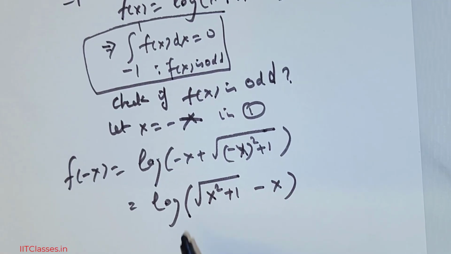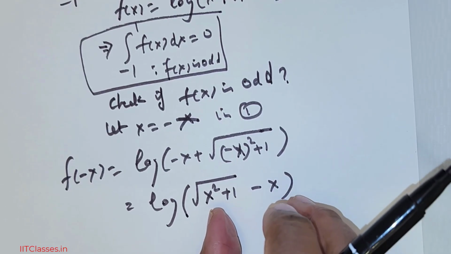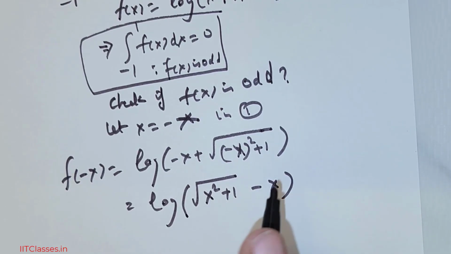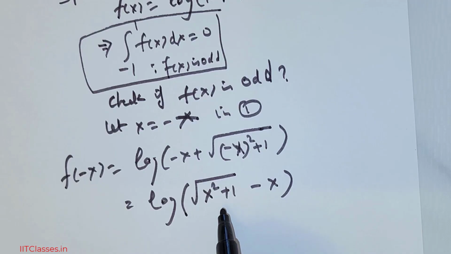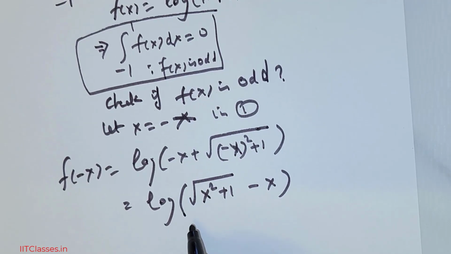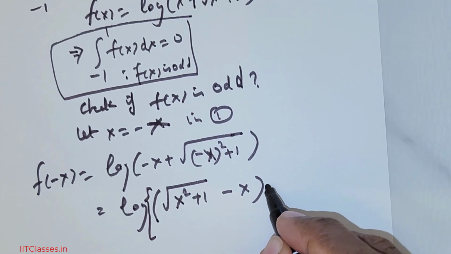Now I want to actually rationalize this particular quantity, because log is an operator, but this is the quantity on which the log is operating. So I want to rationalize this and see.